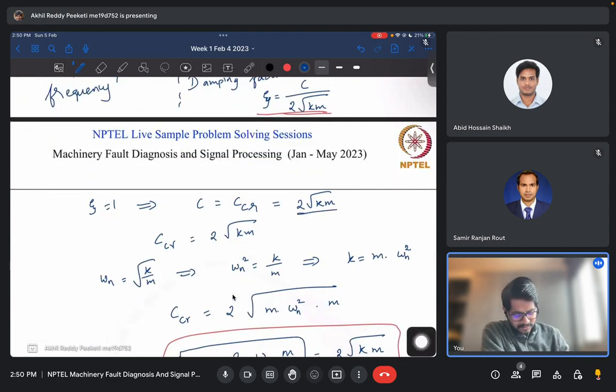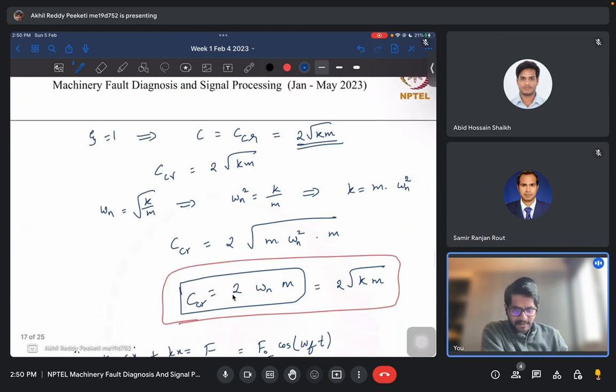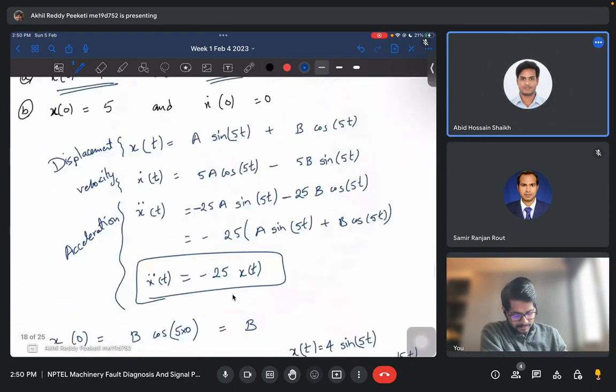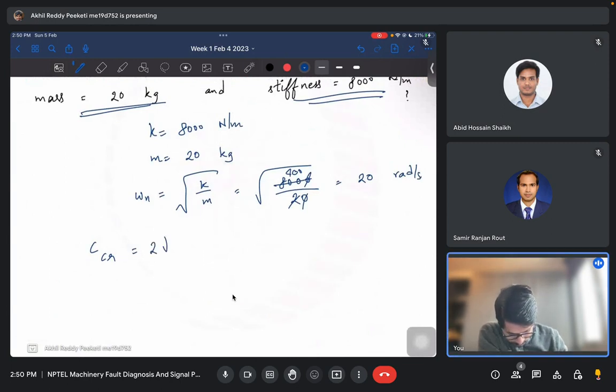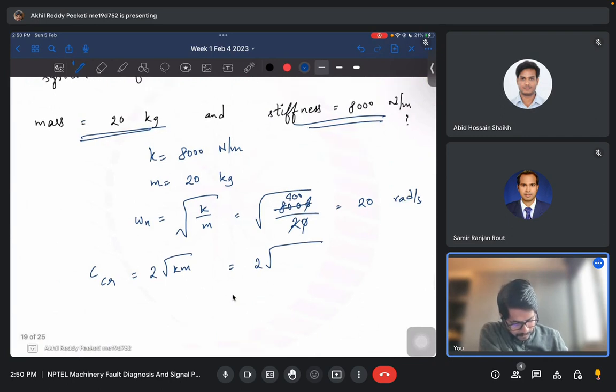So that is 2 root km or 2m omega n. So if we put that, 2 root km is equal to 2 into square root of 8000 into mass is 20.